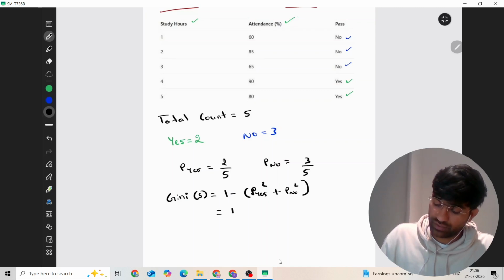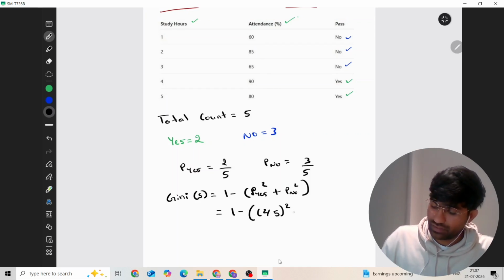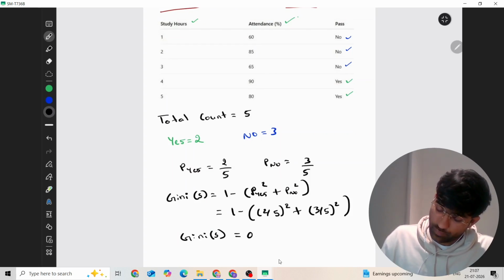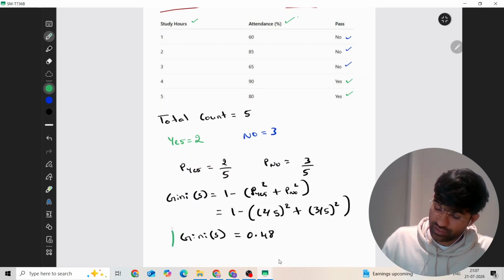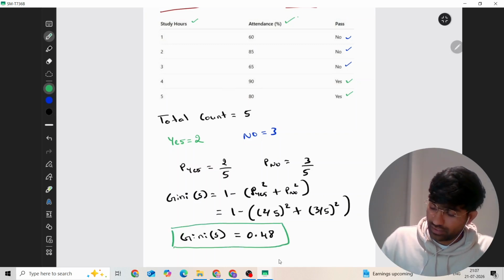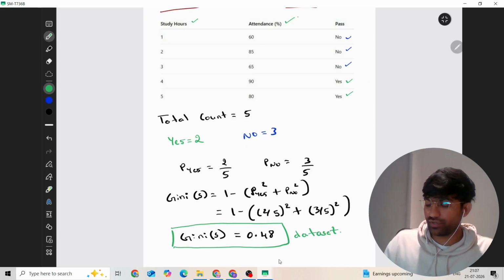That is 1 minus 2 by 5 square plus 3 by 5 square. This gives the value as Gini of S is equal to 0.48. So this is the Gini impurity of our data set, the overall Gini impurity we have.